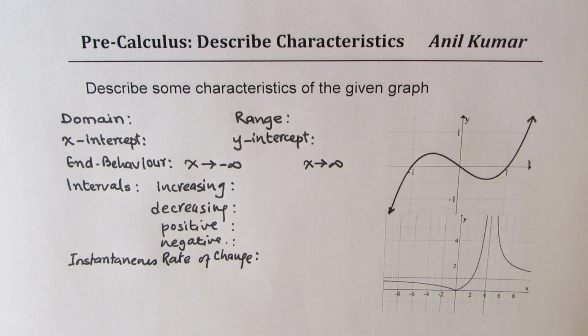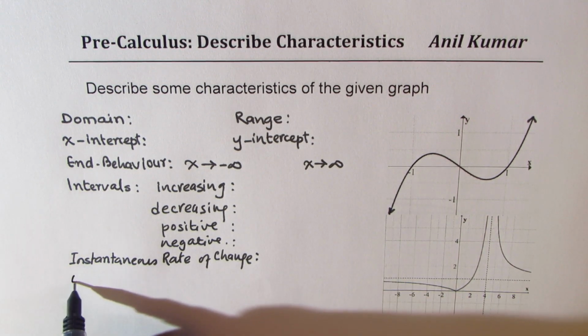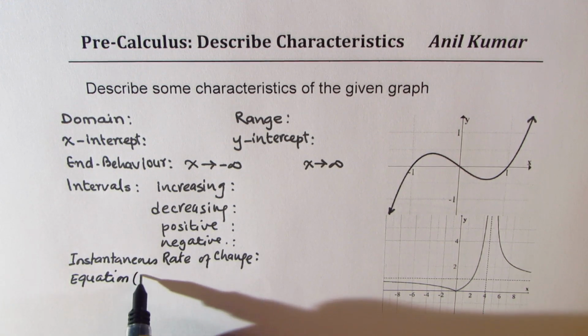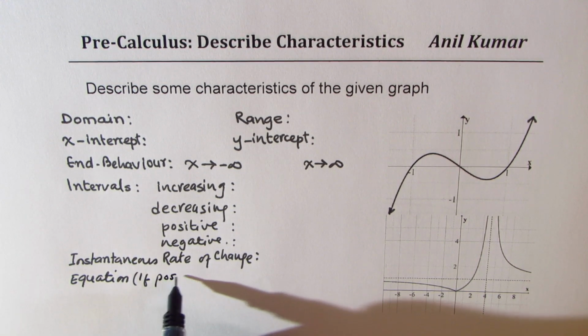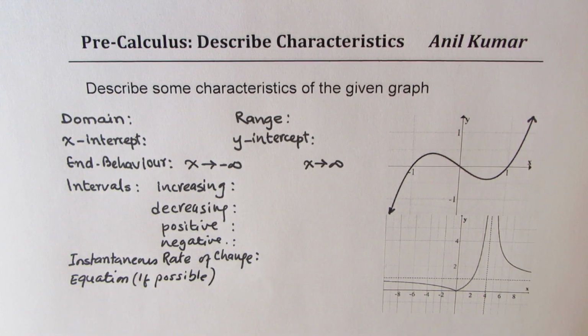So that helps us to find how fast or rapidly the value of the function is changing at any given point. Now, if possible, we could also provide equation from a graph. Well, that is not a must, but equation if possible. At times, it may be very difficult, right? So, not necessary, right? So that is how we could see it.